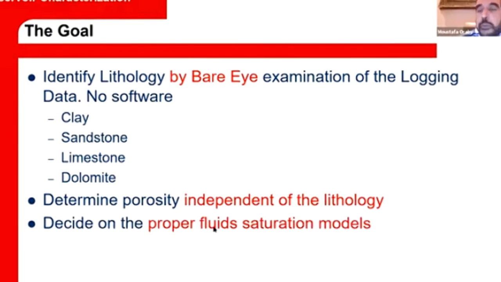Also decide on the proper fluid saturation. Which saturation model do I need to use in this zone, which saturation model will give me the best results, which saturation model will give me the highest error. That's a very important skill. It is also something to build if you are a good reservoir characterization engineer.